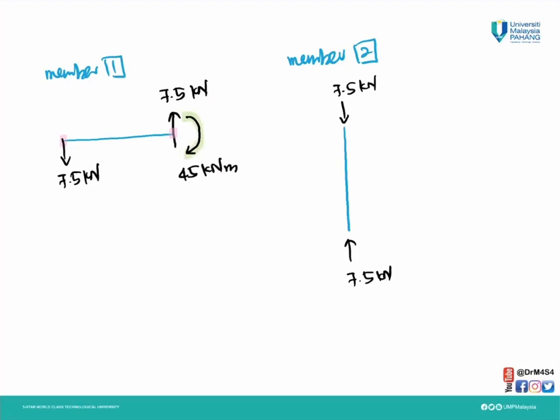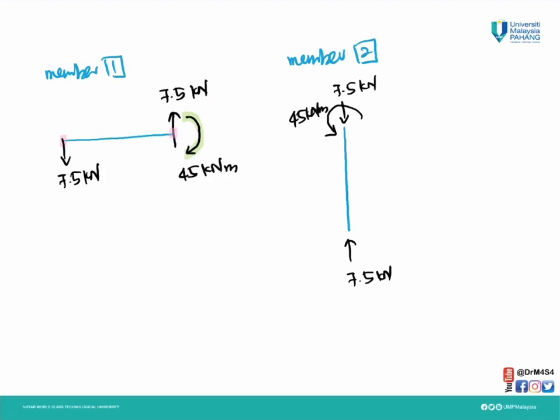Now let's see for Q3 with the moment of 45 kilonewton. On member 1 is anti-clockwise. That means that direction need to be against that direction with the same magnitude. So in this direction is 45 kilonewton meter.